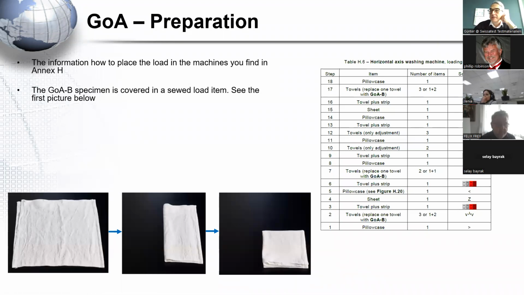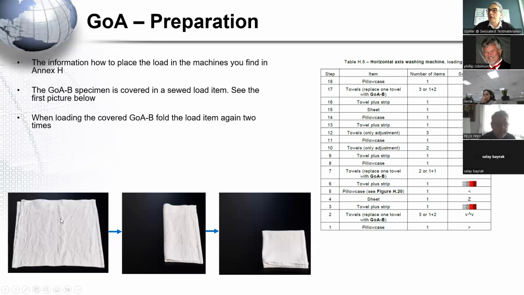Next is the loading of the GoA swatch specimen inside the machine. The information on how to place the load in the machine you find in Annex H. For the loading, the GoA B specimen has to be folded, and now it is covered by the towel, and it looks like the first picture you can see here below.